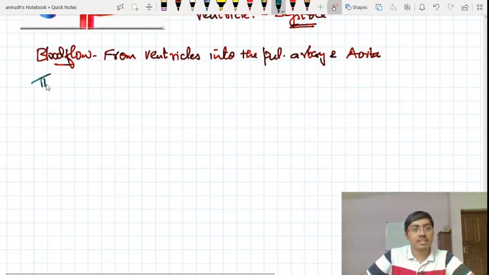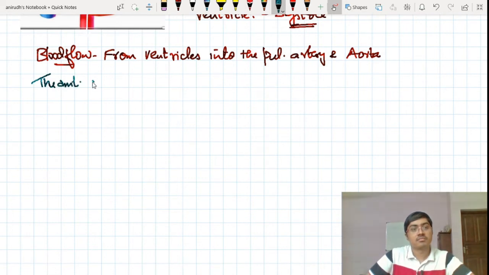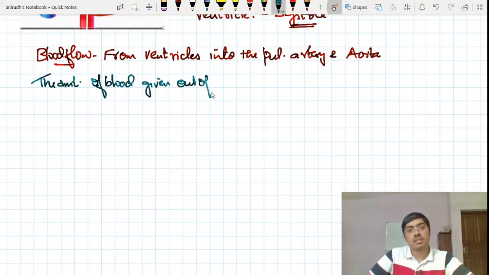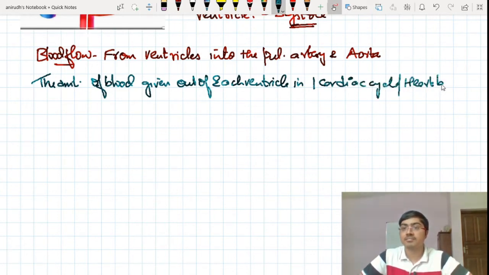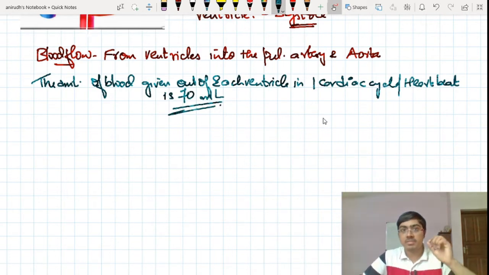The amount of blood given out of each ventricle in one cardiac cycle, or I can say in one heartbeat, is 70 ml.